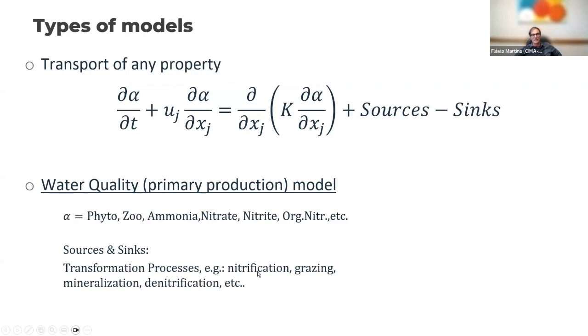For example, nitrification transforms ammonia into nitrate. And grazing will transform phytoplankton into zooplankton. And mineralization will transform organic matter into the nutrients. So all these transformations are implemented here in the sources and sinks, you see?